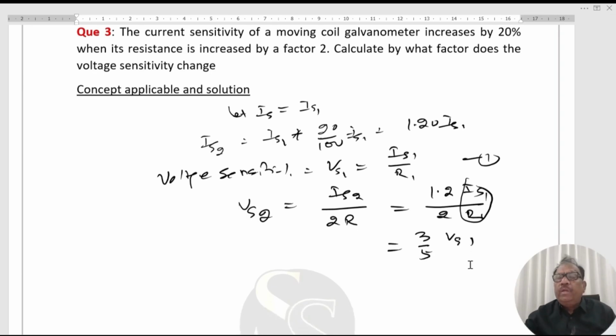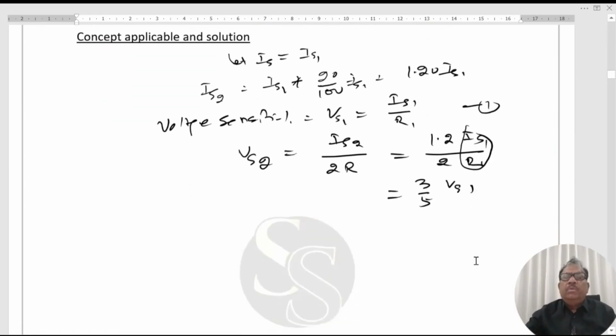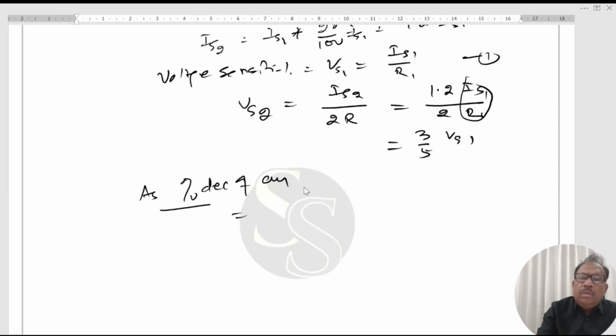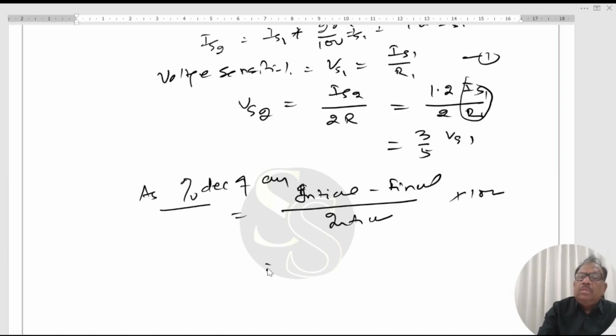Now we have to find the percentage decrease. The percentage decrease of any quantity is equal to initial minus final upon initial into 100. That is the answer.